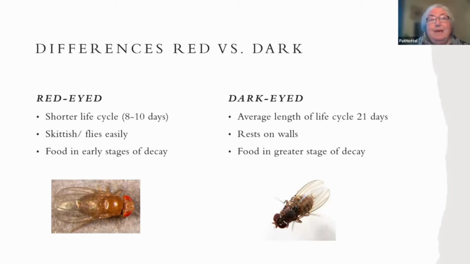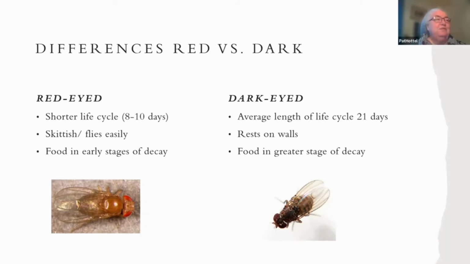Dark-eyed fruit flies can be in some foods that are not completely decayed, but they tend to prefer a greater stage of decay. So food sources that I might describe as gunk, things that we wouldn't necessarily recognize as human food.